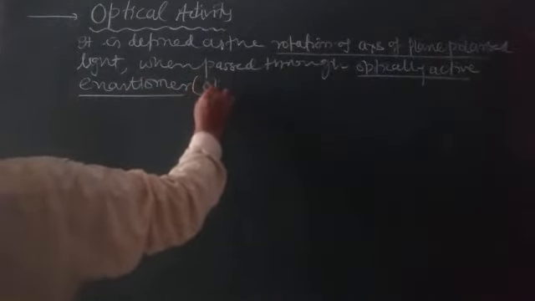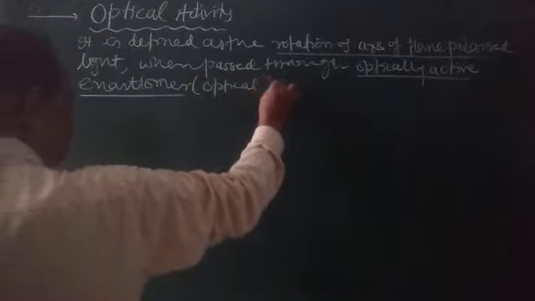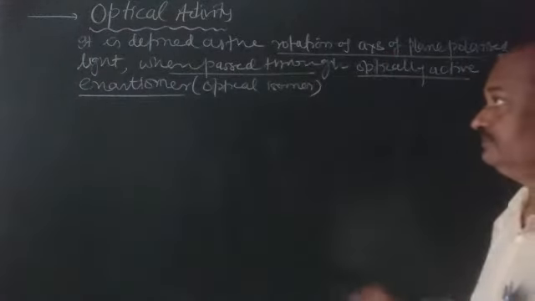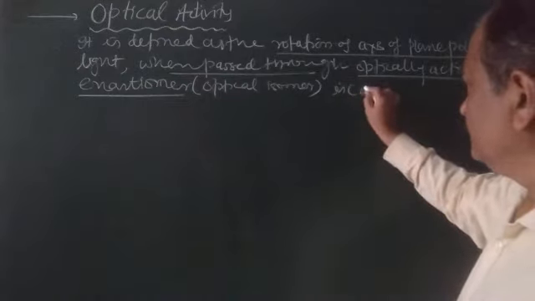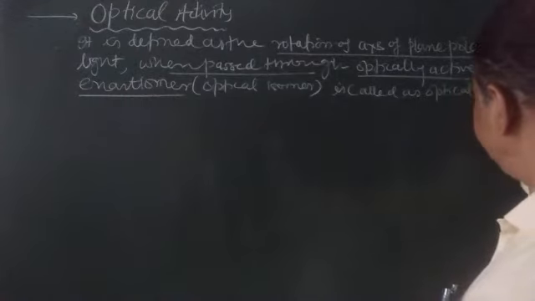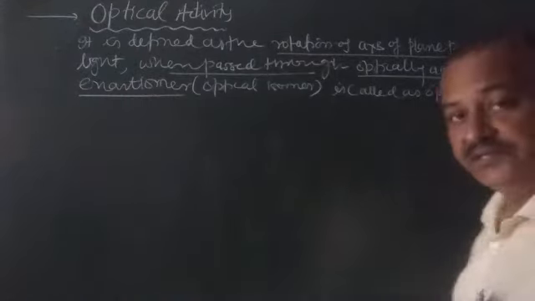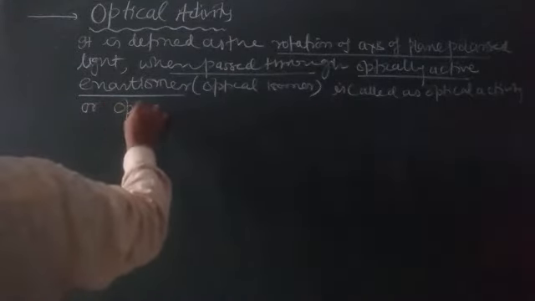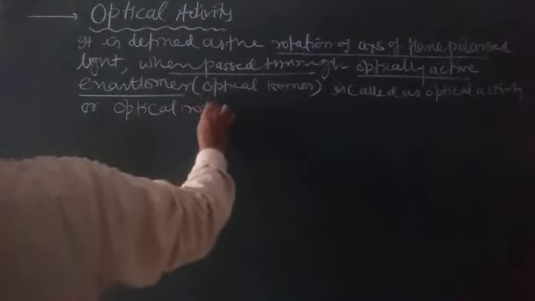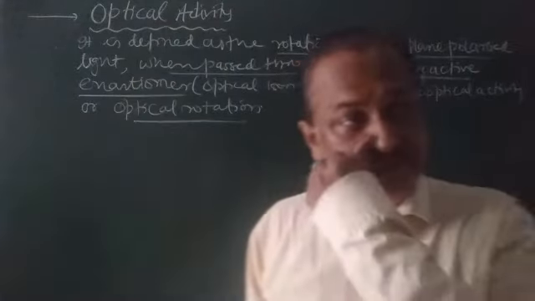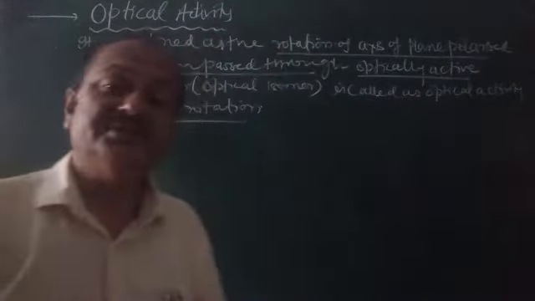Enantiomer means optical isomer. When passed through optically active enantiomer, optical isomer, it is called optical activity, or simply it is called optical rotation. So, optical activity means activity towards the light, activity towards the optics.